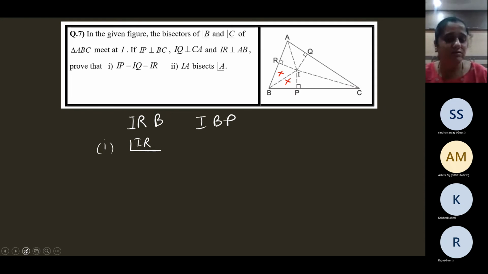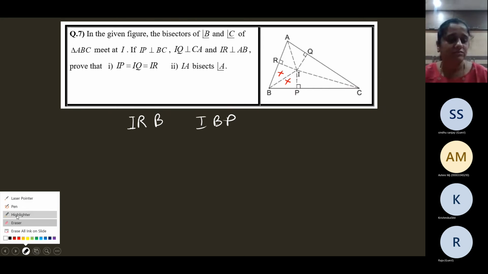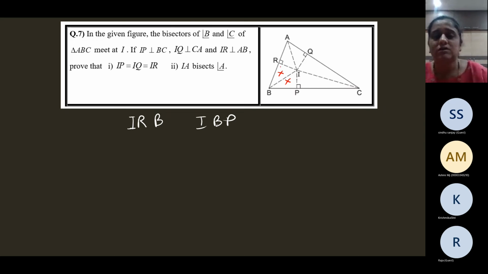Okay, let me number it to be more clear. 1, 2, 3, 4, 5, 6. Raja, please use a number so that all of us can understand. Yes, ma'am. Angle 1 is equal to angle 2.